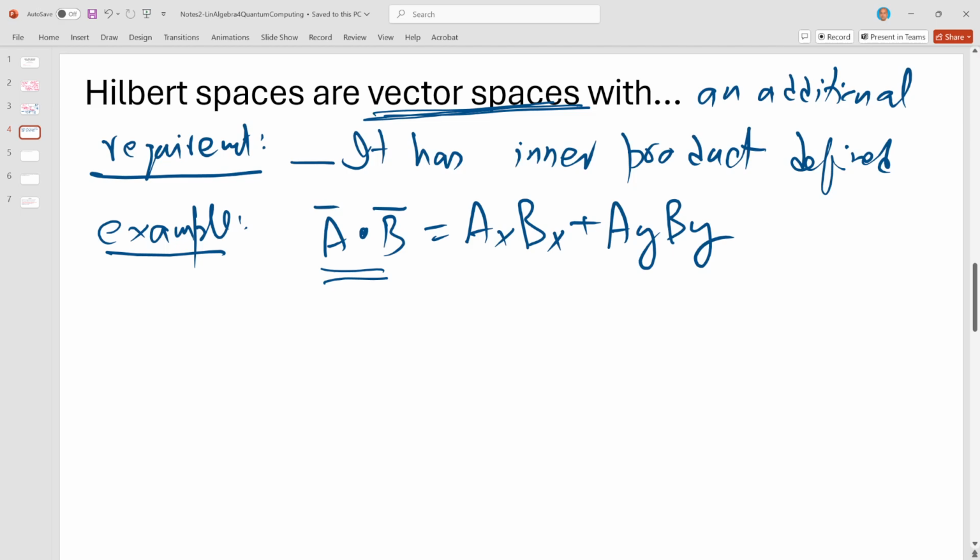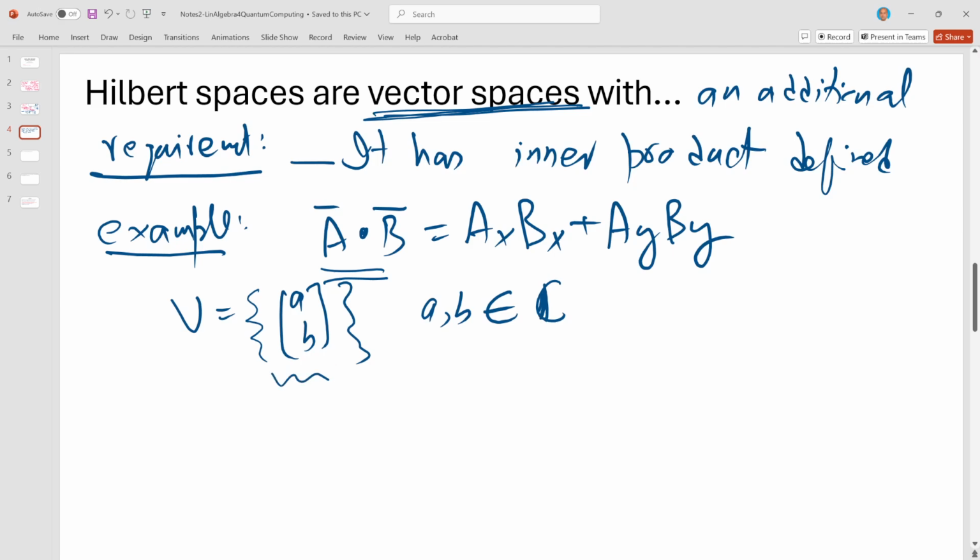If we have a complex space, let's say I define a space of vectors which are all 2D complex matrices. So this is a set of all possible 2 by 1 matrices.